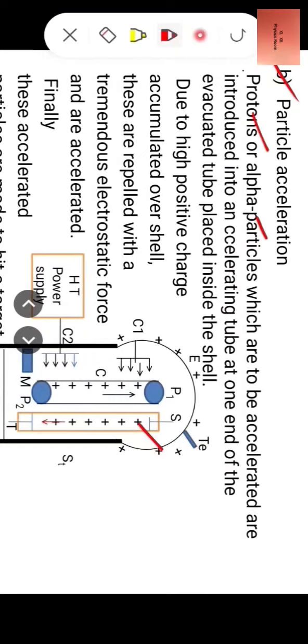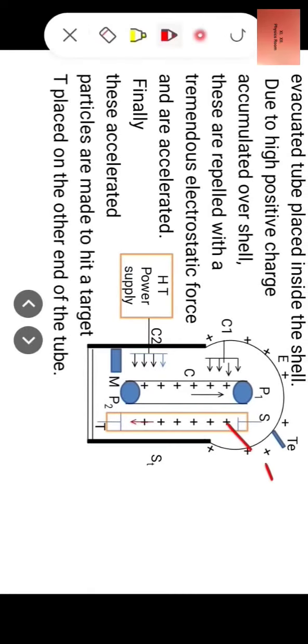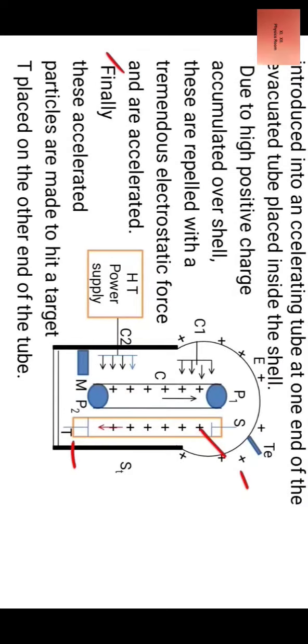Due to the high positive charge accumulated over the shell, these are repelled with a tremendous electrostatic force and are accelerated. Finally, these accelerated particles are made to hit a target T placed on the other side of the tube. This way, we have particle acceleration with the help of Van de Graaff high voltage generator.